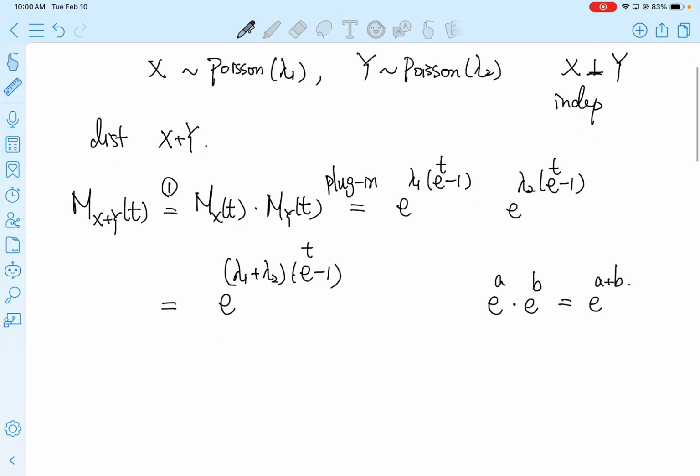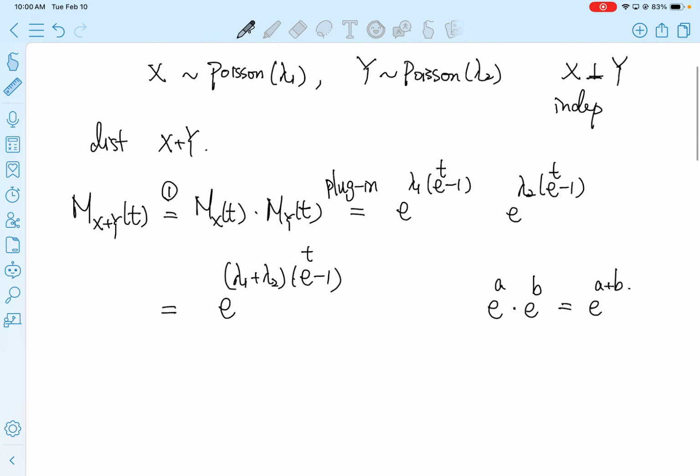Okay, and I think this is an example from last week, and we mentioned that by looking at this expression, you will notice that the structure looks the same as the Poisson moment-generating function. So, for example, that is the formula for the moment-generating function of a Poisson random variable.